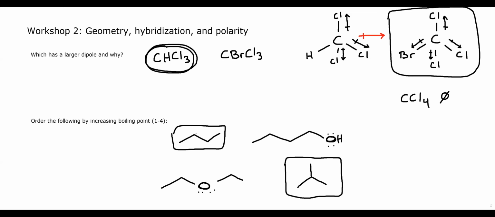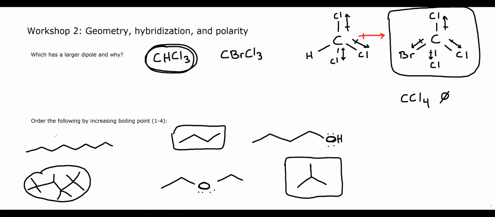Okay, so comparing these 2, we have a straight chain and we have branching. Now, hopefully we remember that if we have a straight chain, I'm just drawing a larger molecule over here, versus something that is heavily branched, the heavily branched molecule has smaller surface area as opposed to the long chain.